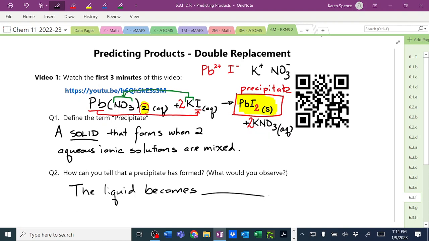The liquid becomes not solid, but like what would you actually see? Because you can't see the little tiny solid particles. What does it look like?